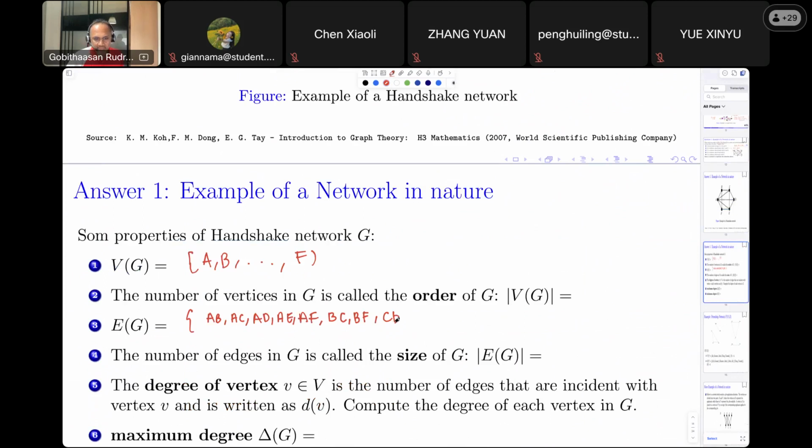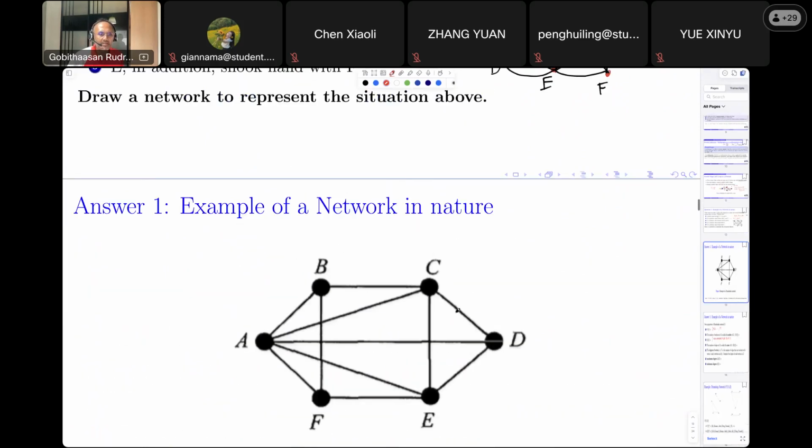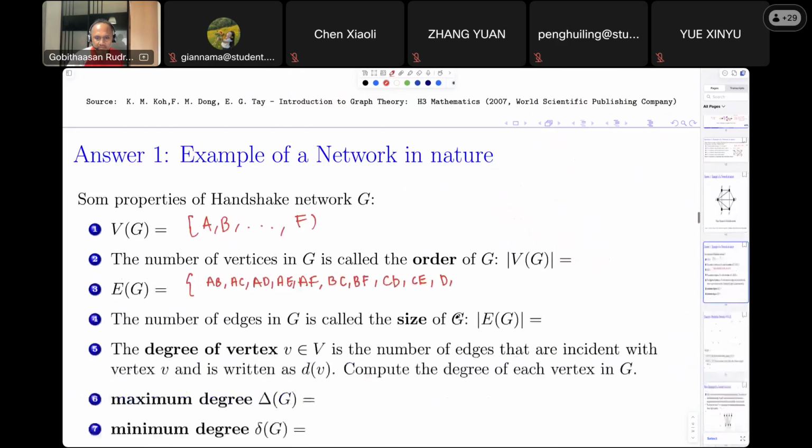C did with D and E, and then D did with E, A did with F, D did shake hand with E, E shook hand with F. Oops, F. So these are the edges. So these are the vertices.